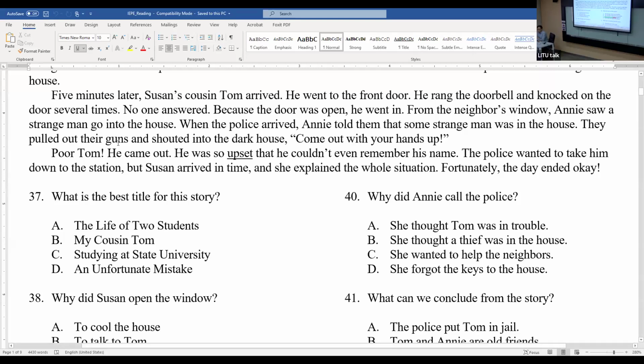They pulled out their guns and shouted into the dark house, "Come out with your hands up." Poor Tom. He came out. He was so upset that he couldn't even remember his name. The police wanted to take him down to the station, but Susan arrived in time and she explained the whole situation. Fortunately, the day ended okay.